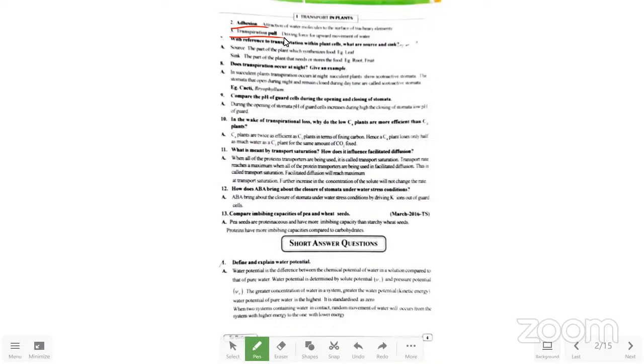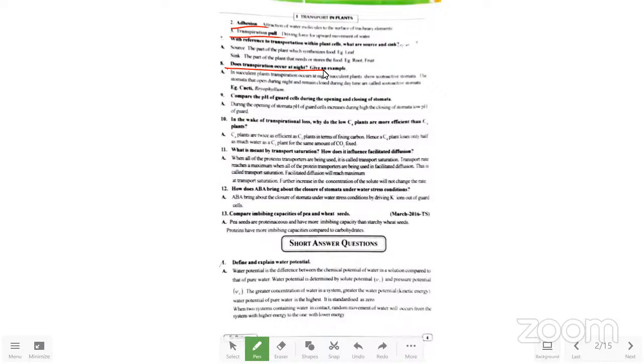Okay. Next question: does transpiration occur at night? Give an example. In normal plants, transpiration never occurs at night.